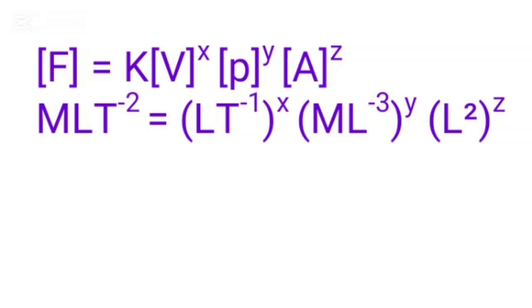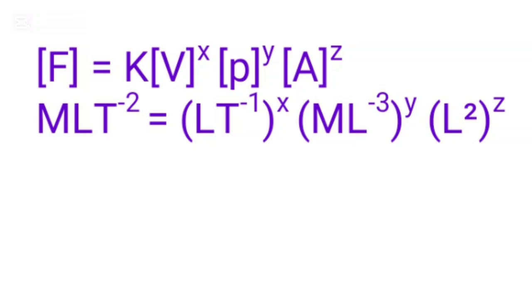The dimension for F is mass times acceleration, which is M L T^-2. k will disappear because it has no dimension. So we'll have (L T^-1)^x, (M L^-3)^y, and (L^2)^z.